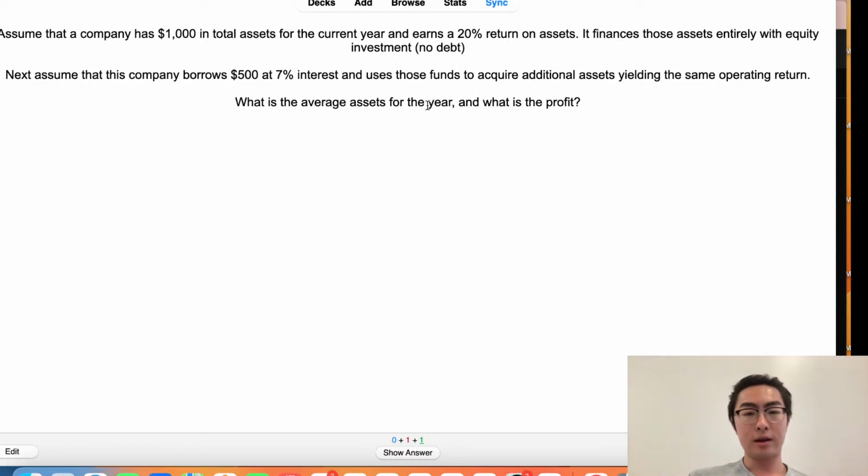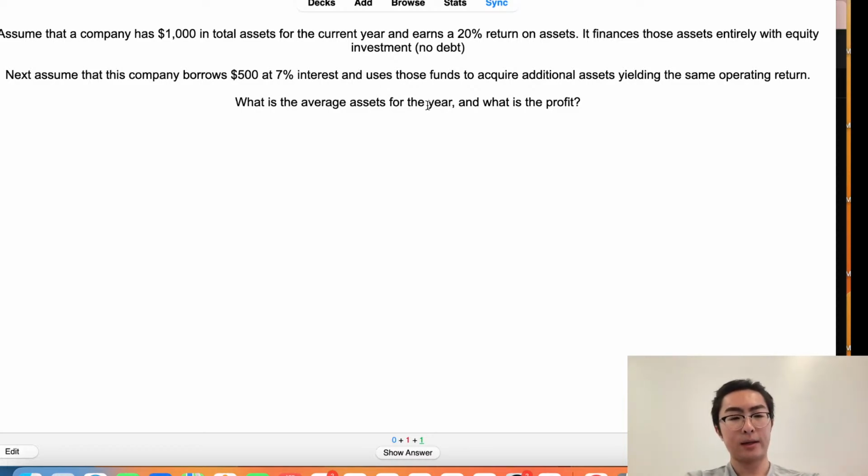Now we have $1,000. If we think about the formula, we have 20%. Debt to equity would be 1/2, right?